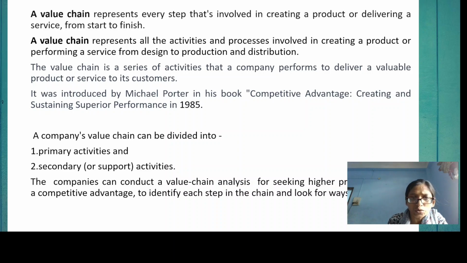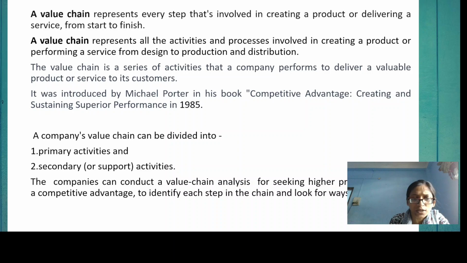It was introduced by Michael Porter in his book Competitive Advantage: Creating and Sustaining Superior Performance in 1985. Basically, this is an extension of Porter's 5 forces model.